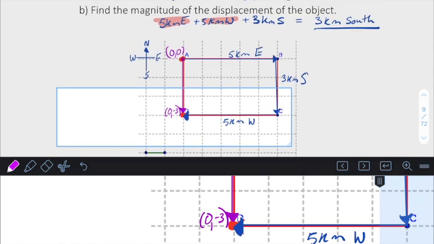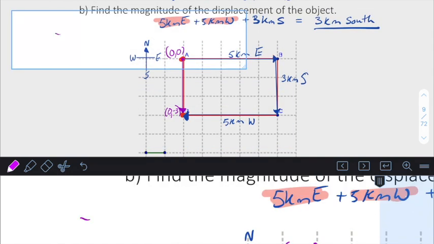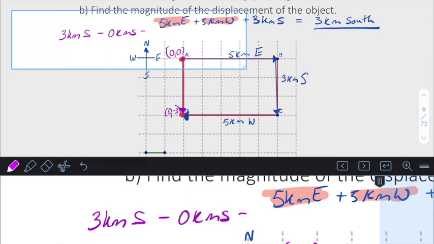So the change in direction is negative 3 kilometers, or let's go 3 kilometers south, minus the origin, minus 0 kilometers south, which equals a total displacement of 3 kilometers south. Or if you want to use numbers, you can do a negative 3 and all sorts of things.